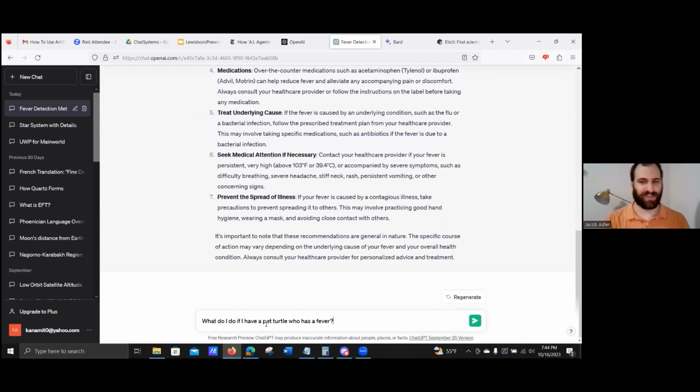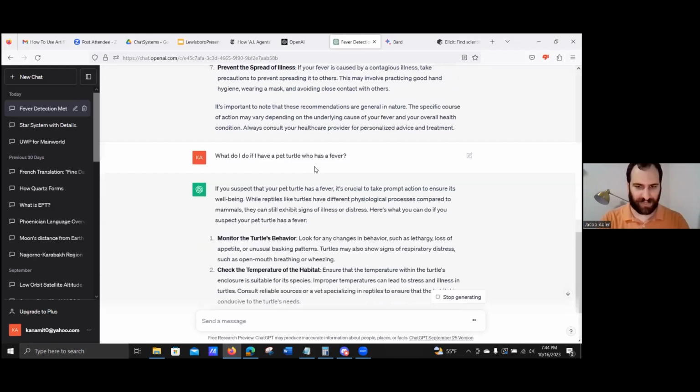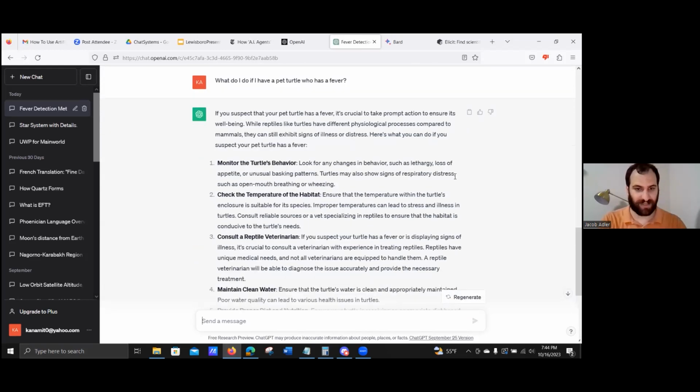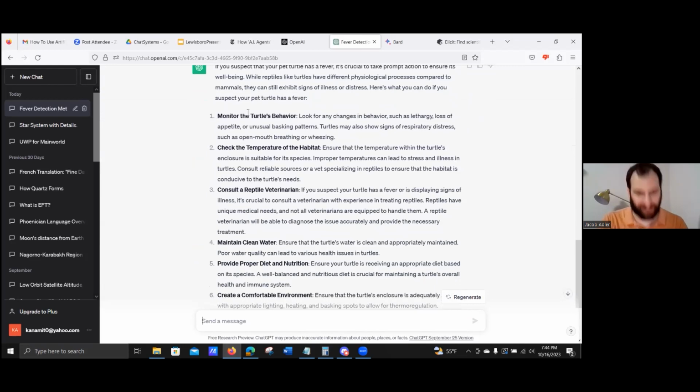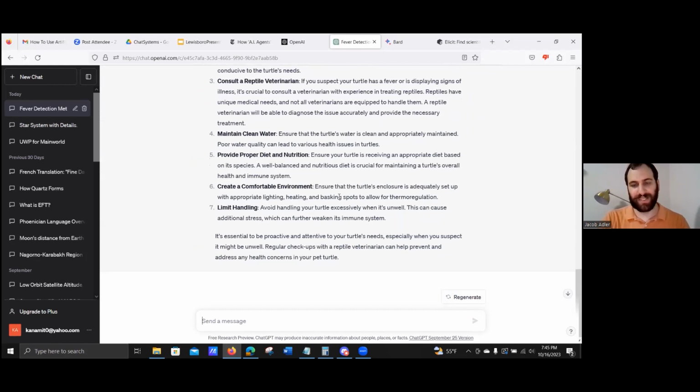It's just the first animal that came to my head. So it's crucial to take prompt action. While reptiles have different physiological processes, they can still exhibit signs of illness or distress. You've got to monitor the turtle's behavior, consult a reptile veterinarian, create a comfortable environment. So again, it's following the thread of the conversation. That's just a little taste.